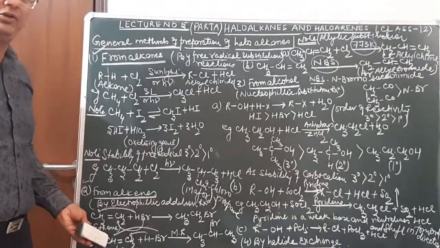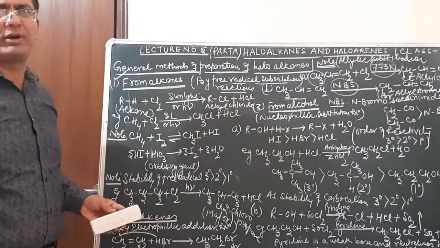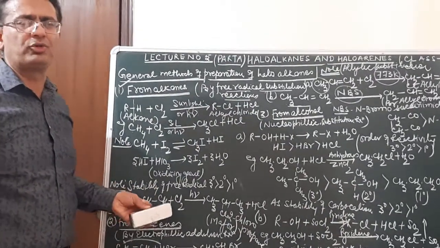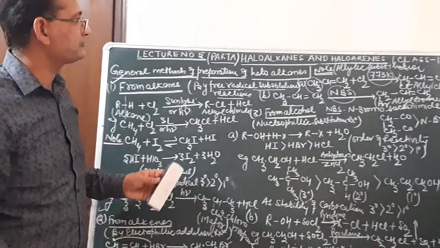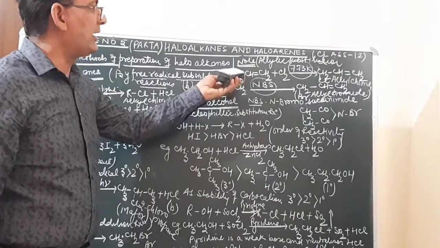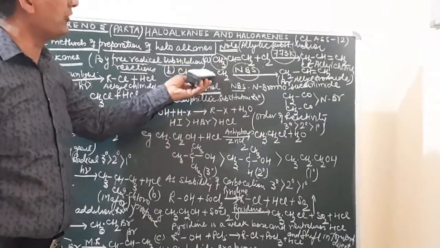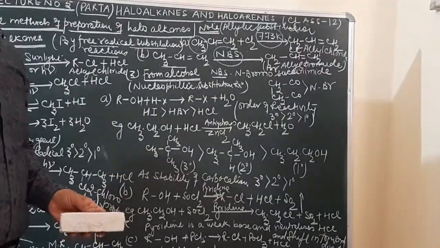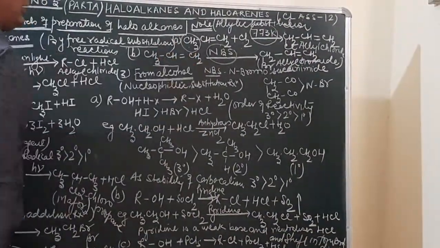In electrophilic addition reaction, the reaction intermediate is carbocation, and the stability of carbocation is 3 degree more as compared to 2 degree as compared to 1 degree carbocation. Now, these are two specific cases. These are allylic substitution reactions. Both these reactions were also done in class 11 as free radical substitution reactions.